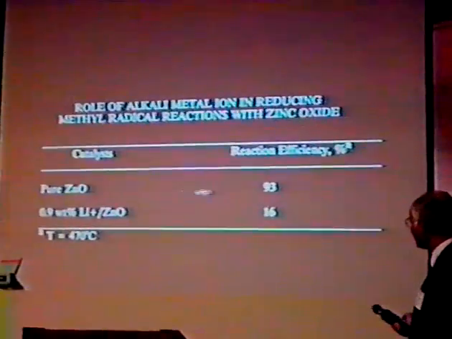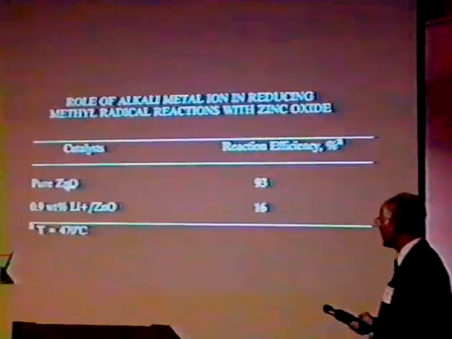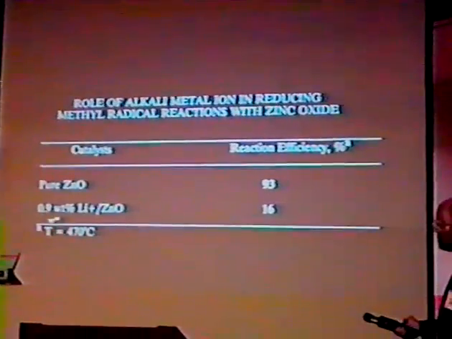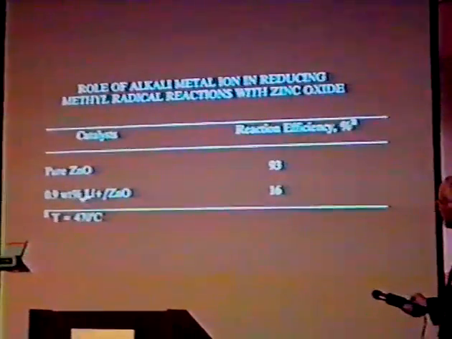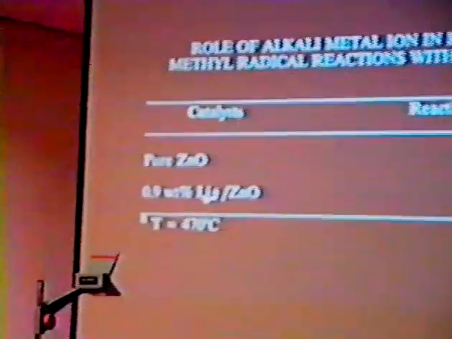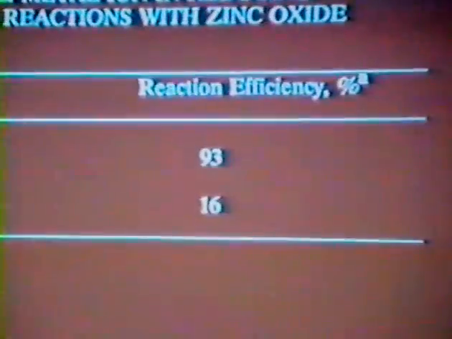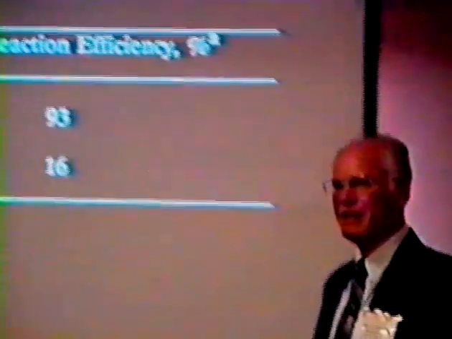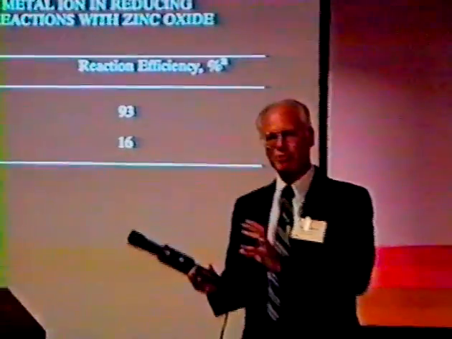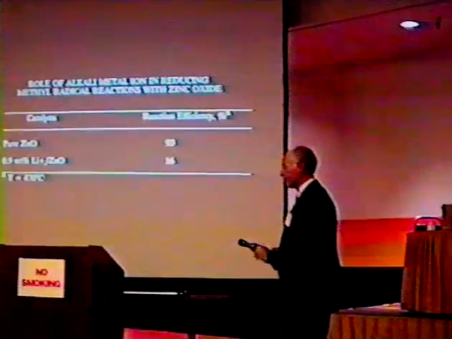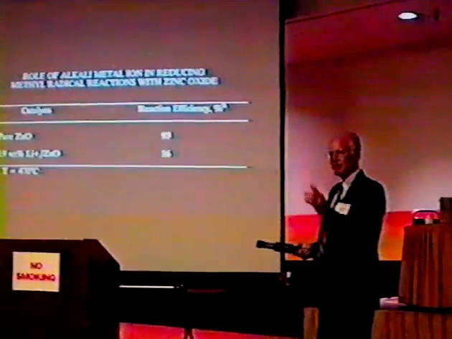One of the reasons is that zinc oxide reacts very efficiently with the methyl radicals. But if we put only a small percent of lithium on the zinc oxide, then we greatly modify this reaction of the methyl radicals with the zinc oxide, and thus allow the methyl radicals the opportunity to combine and form the C2 products, which can then escape the catalyst bed. Go to the next slide, please.